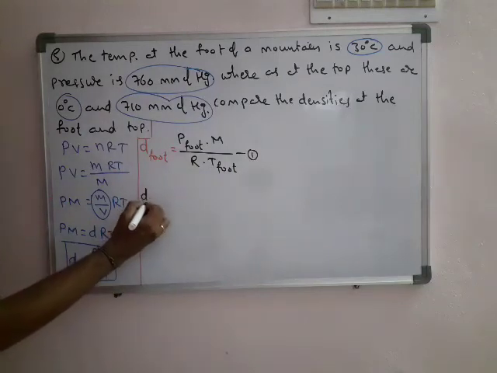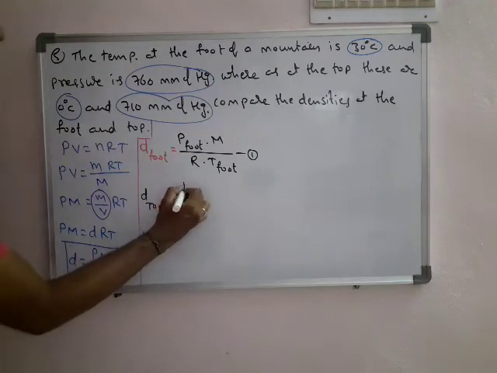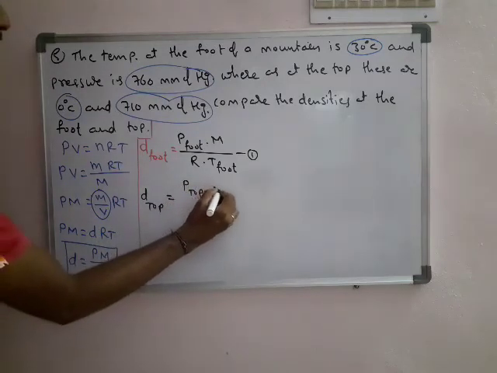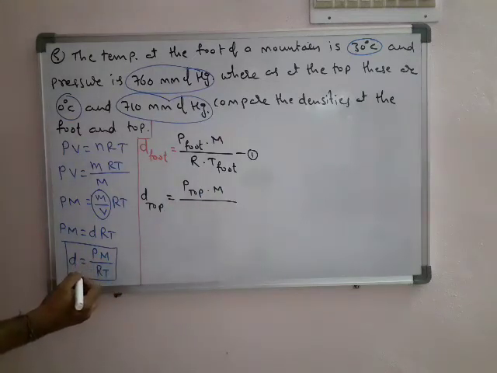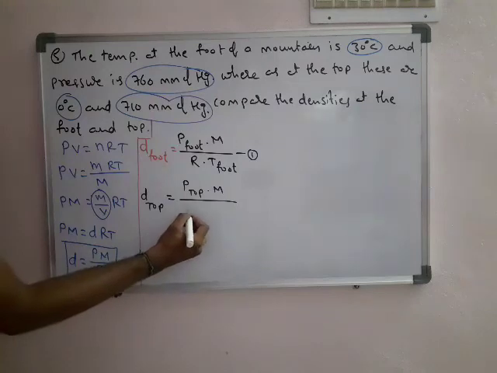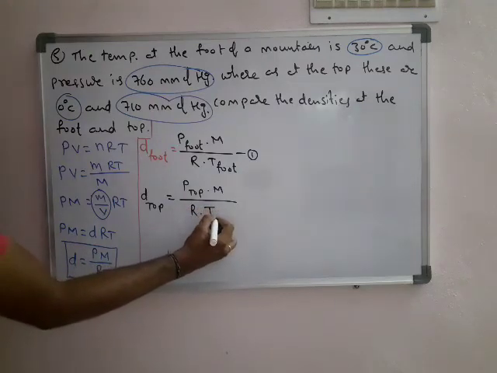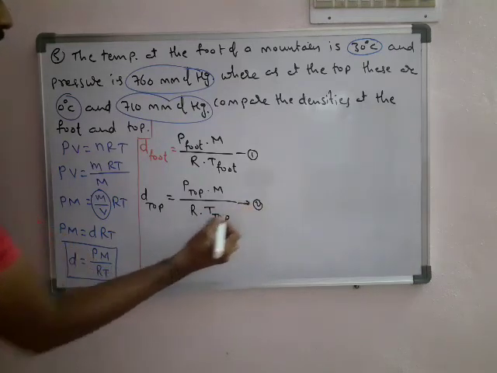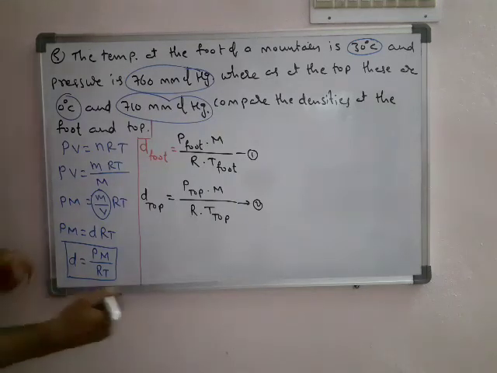Next, what is the density at the top? Again with this equation: pressure at the top, M with no change, and the temperature at the top, equation 2. Now just compare these two densities.